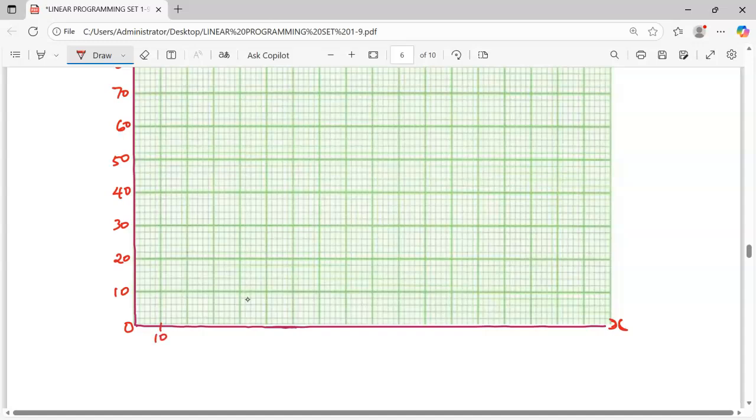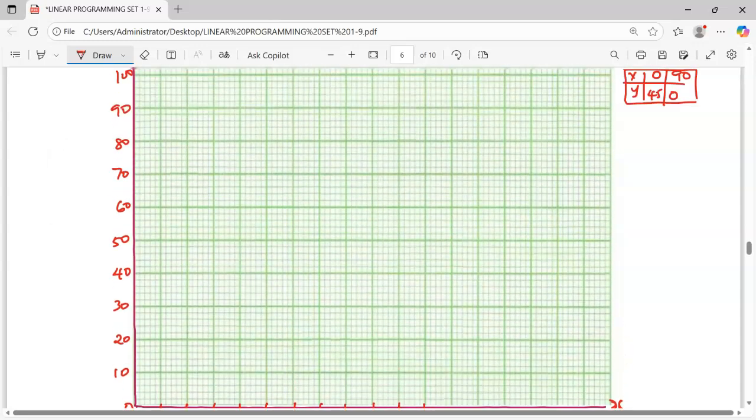We are going to have 10 here, 20, 30, 40, 50, 60, 70, 80, 90, 100. We can as well have 110 because the graphs are never exact.